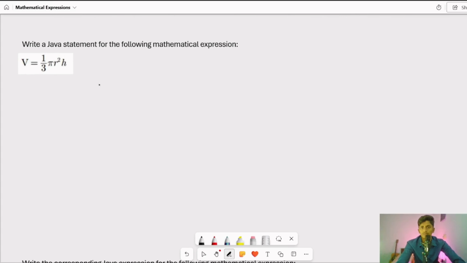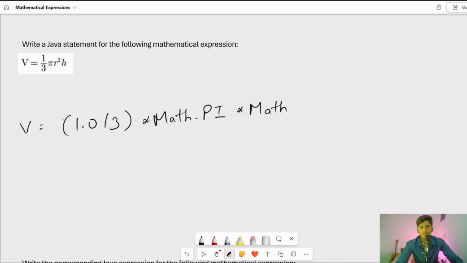Write a Java program for the following mathematical expression. We have one more similar question, that is v is equal to 1.0 divided by 3 into, here we have pi. Java has the Math function for pi also, that is Math.PI into r square. Math.pow of r comma 2 into h. So this is the answer.